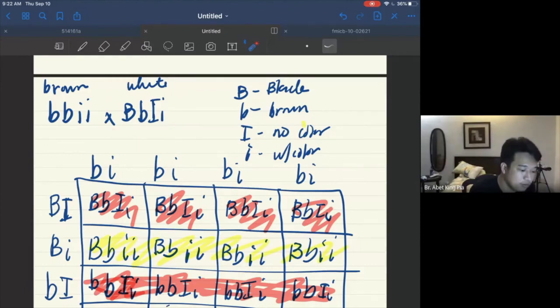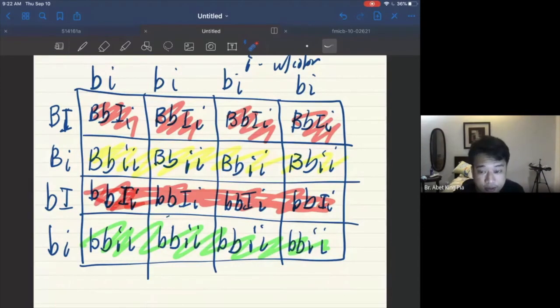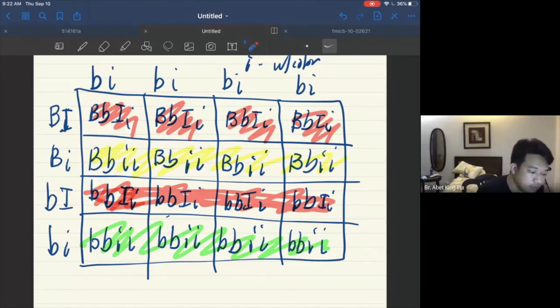Now, eto yung mga phenotype yung hinihingi sa atin, no? Or what are the results of the cross? Based on the Punnett square, eto yung mga results na pwedeng magkaroon tayo. Yung dogs na tayo.